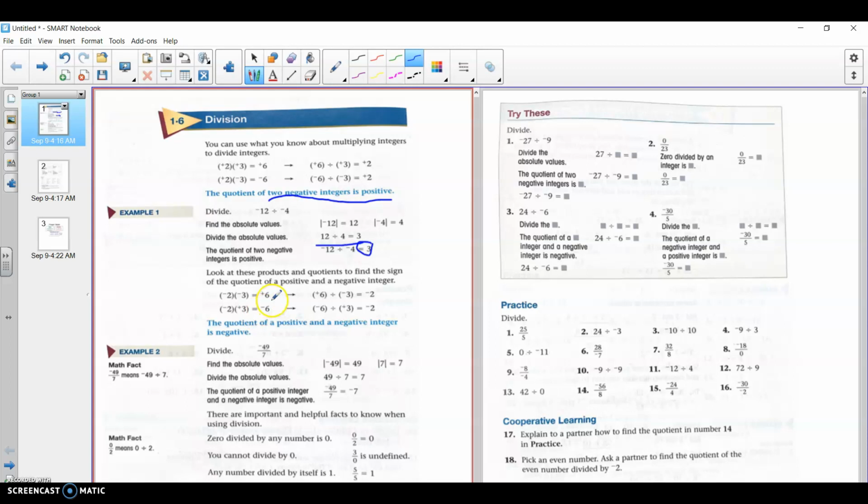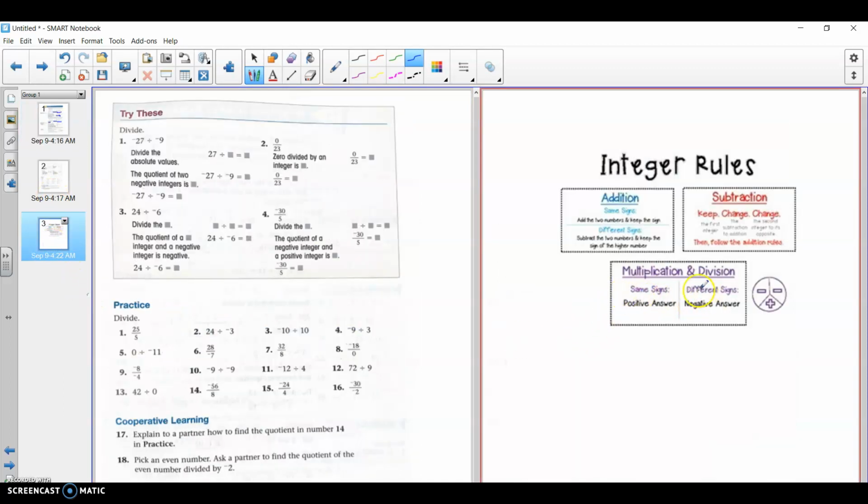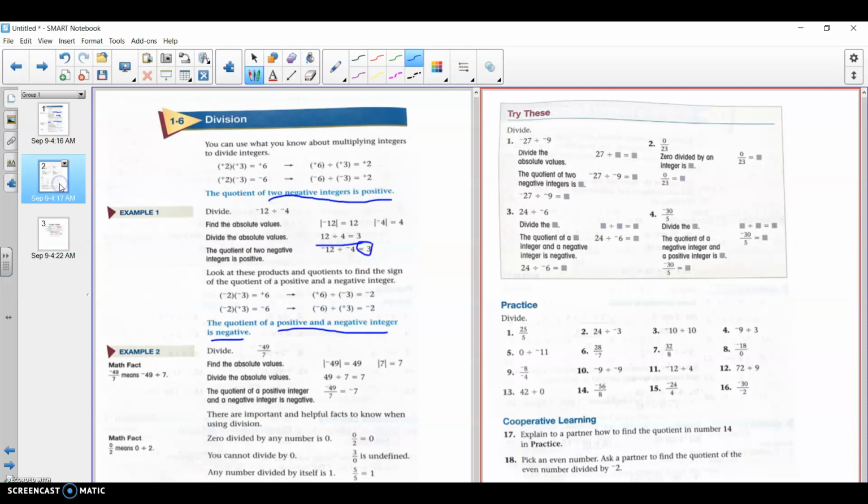Now you have a different sign, so you're going to get a negative. So the quotient of a positive and negative integer is negative. And again, that's exactly what is on our cheat sheet. Same signs positive answer, different signs negative answer, and that goes for multiplication and division. So if you did well on the multiplication, you should have no problem doing the division.